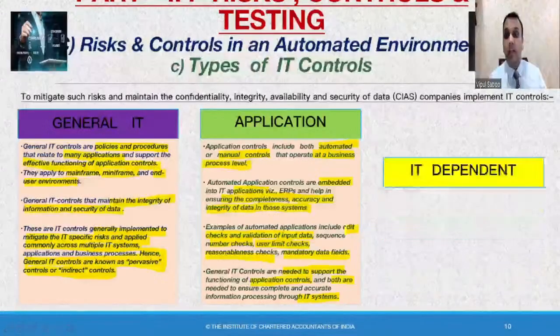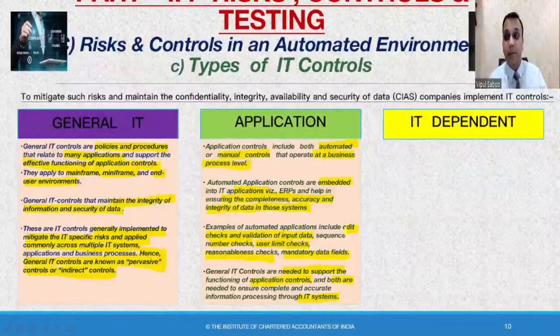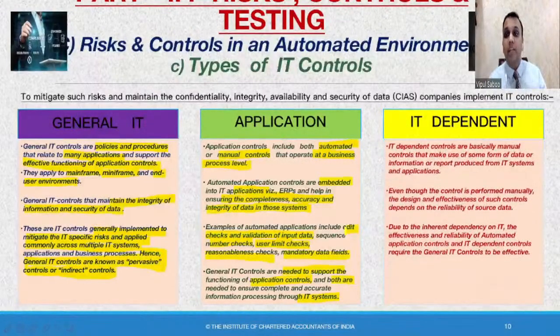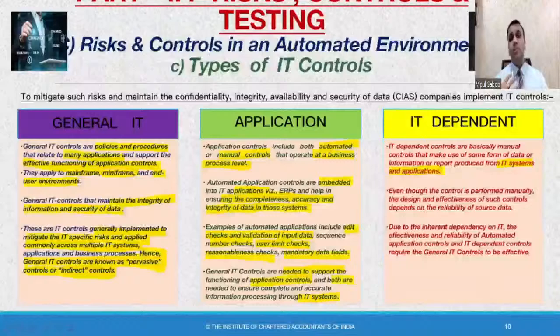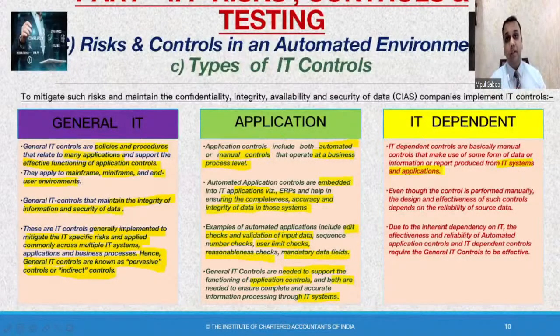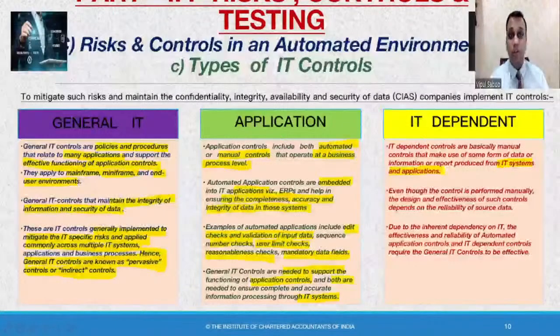Okay. The third kind is IT dependent controls. IT dependent controls are basically manual controls that make use of some form of data or information or report produced from IT systems. So what is IT dependent? I have to make my decision on the basis of a report generated from the computer system. The report generated from the computer system is an information system report. Further, I'll be working upon that report.